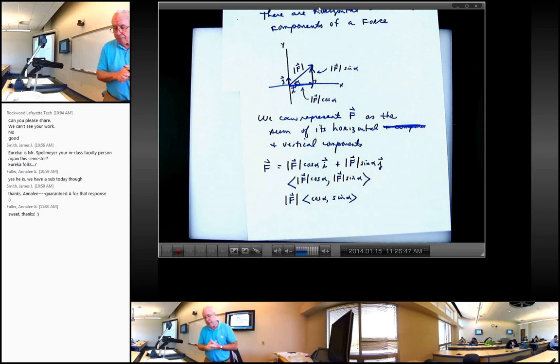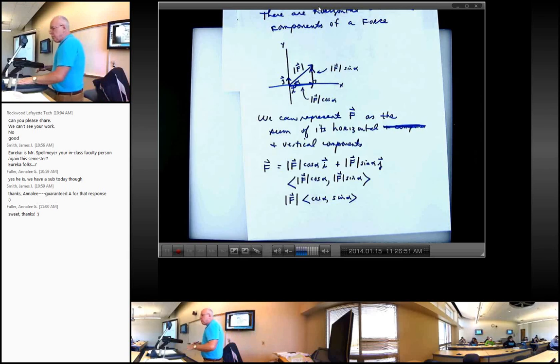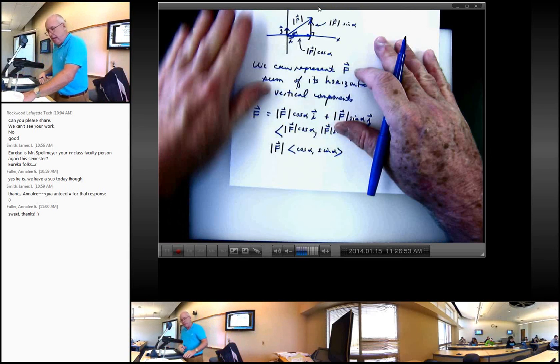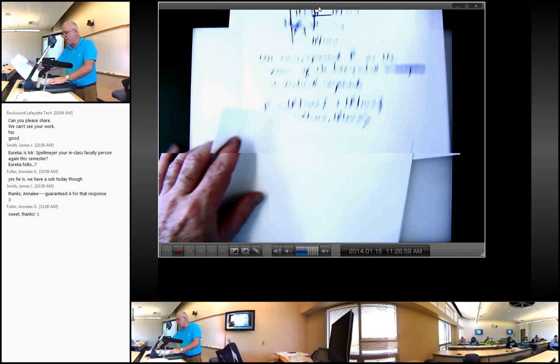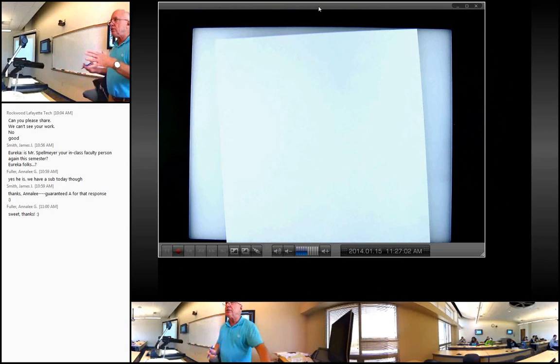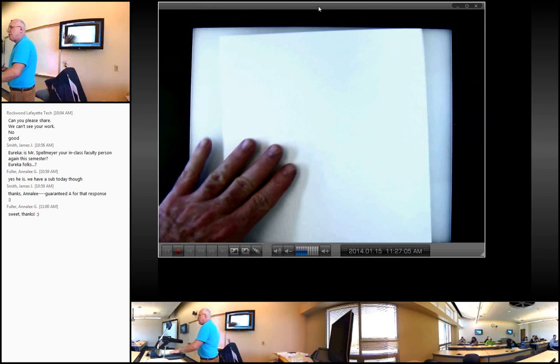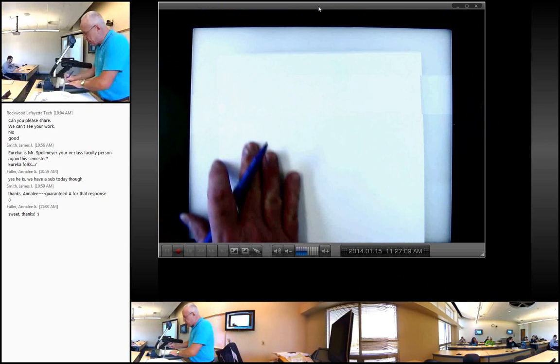So I want to do a problem here with this, and then another problem that you don't have in the homework, but I think it's interesting, especially if anybody is going to go into engineering or physics. But here, let's do this one example first.